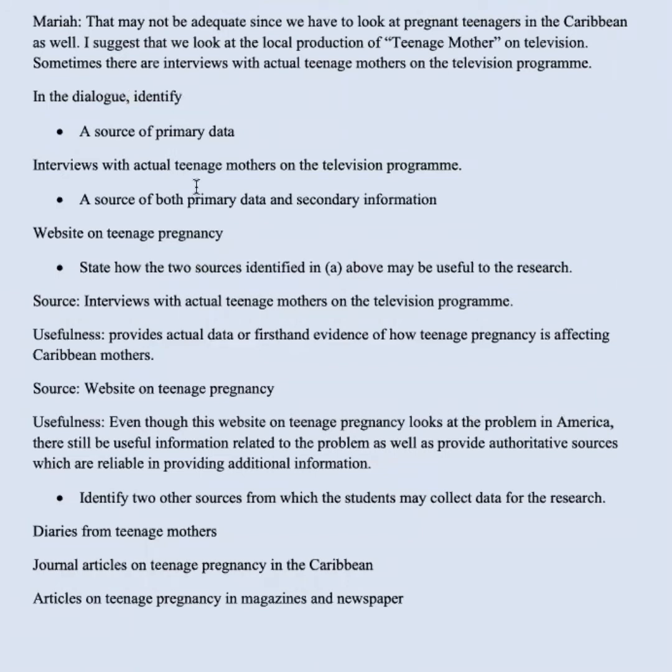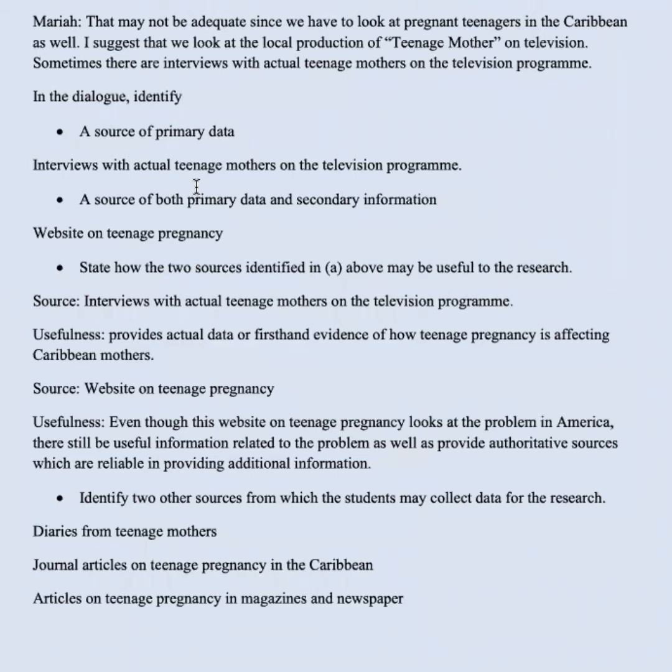And then the corresponding questions are, in the dialogue, identify a primary source of data. So recall primary sources. Primary sources provide first-hand information or direct evidence concerning a topic under investigation. And then for secondary sources, they provide second-hand information that has already been analyzed or interpreted.